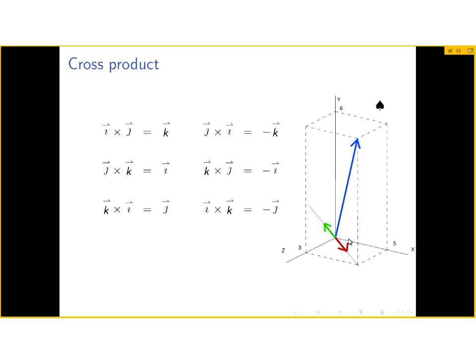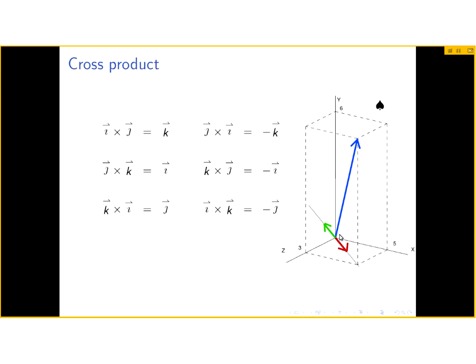And my fingers will span this 90-degree angle between I and J. If I hold my right hand half fist in this way, my thumb will be pointing in the Z direction. Therefore, the cross product of the unit vector I with the unit vector J is the same as the unit vector K.